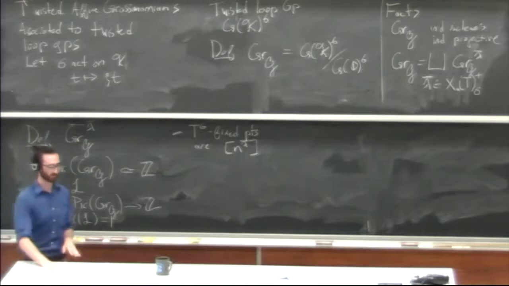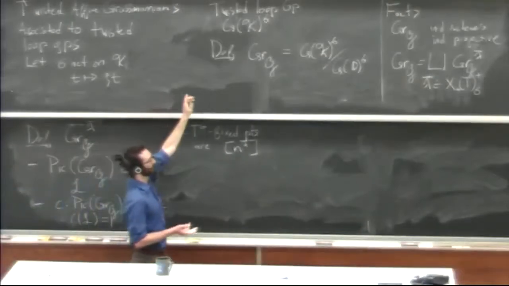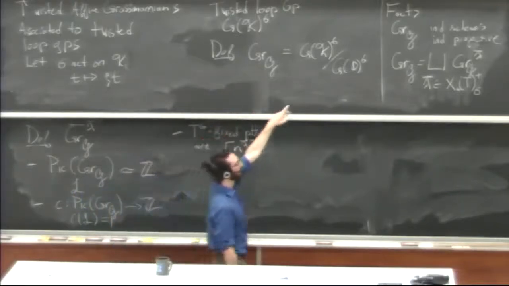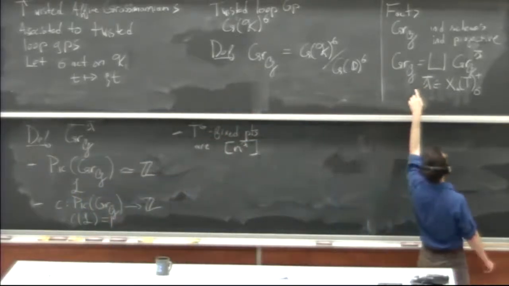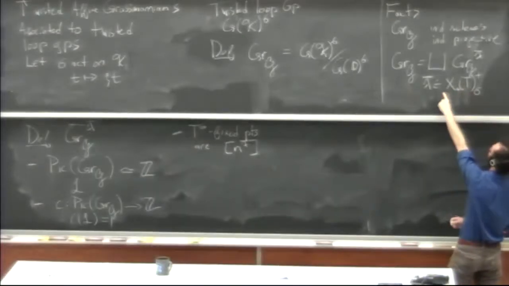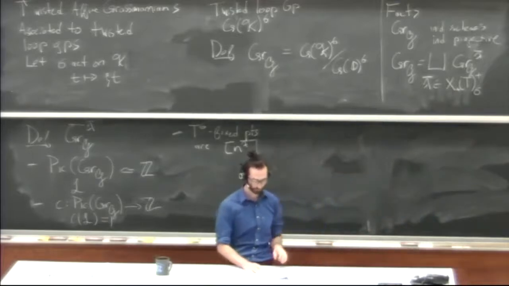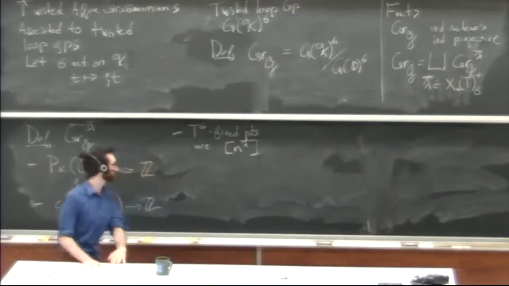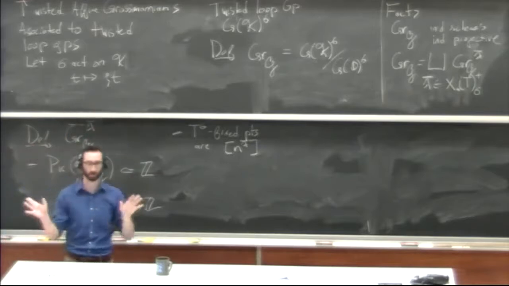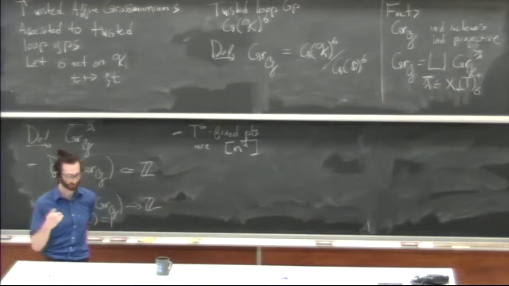This is a very similar story to the untwisted case, where the fixed points are parametrized by really W orbits of dominant co-invariant elements in the co-character lattice. Okay, so at the very least, I hope that even if this might not be so familiar, structurally it looks very similar to what we had in the untwisted case.